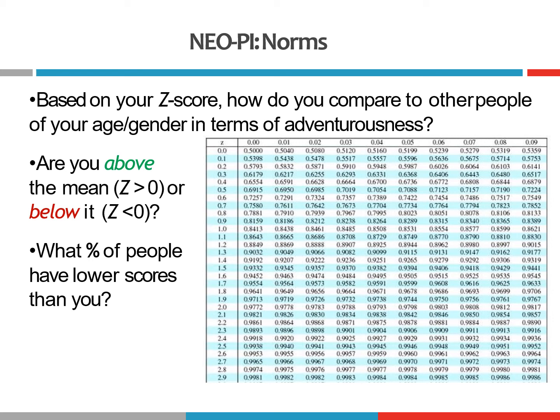So for example, my score on the adventurous measure was a 5, and I am older than 20 by a considerable margin. I'm not going to tell you by how much. So my mean and standard deviation was 16.8 and 3.6.